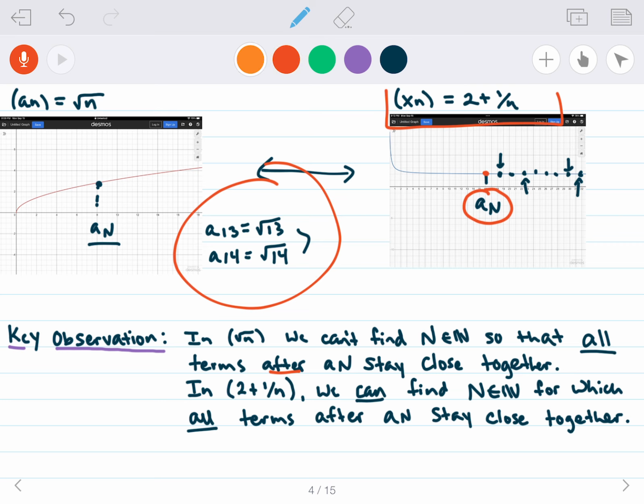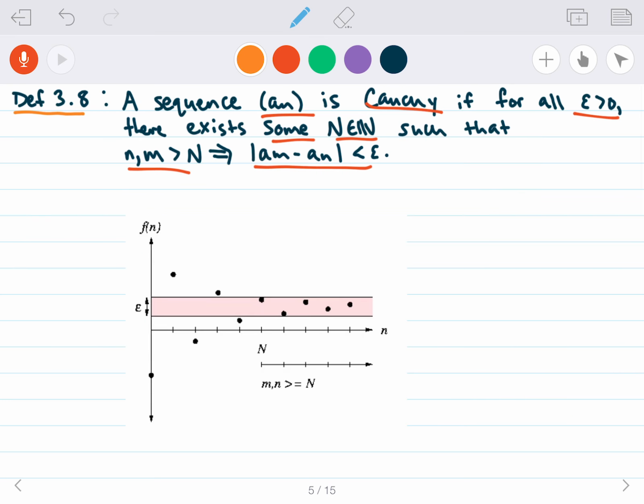So this could be our a sub n, and this could be our a sub m, and Cauchy is saying these guys are close to each other because they come after a sub capital N. You want to think of this as an a sub n and an a sub m. So all terms after the capital Nth term are close to each other. That's what Cauchy is saying.